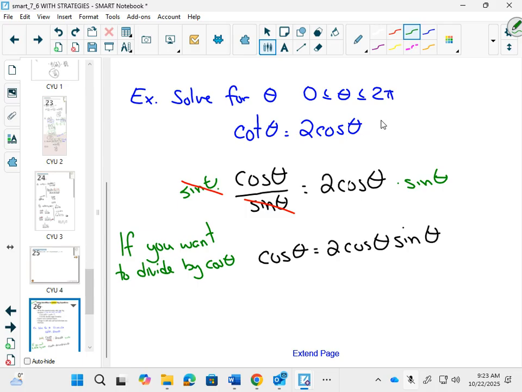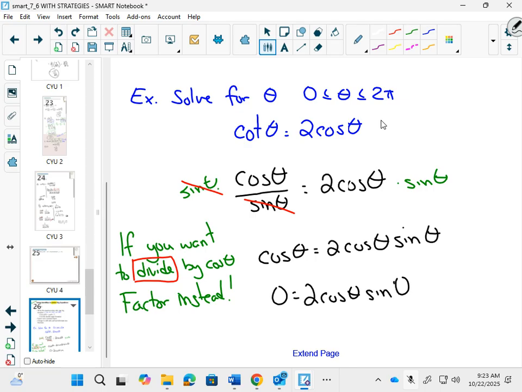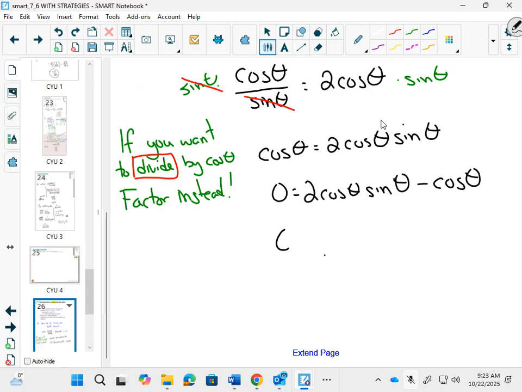So instead of dividing, factor. Well, in order to factor, we need to make one side equal to 0. And we can factor out the cos theta instead of divide.